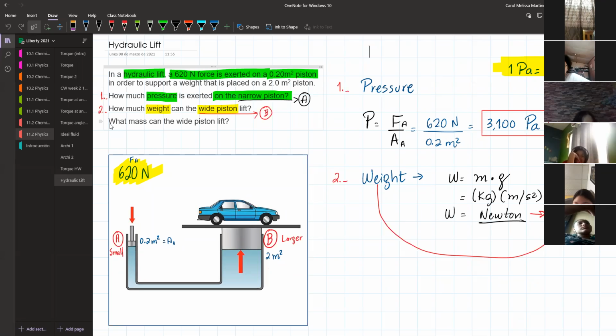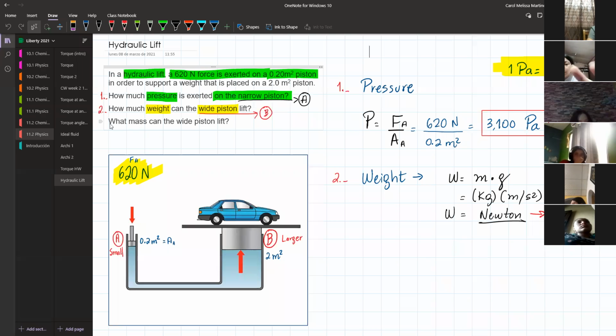So even though the problem is asking you to find the weight, in other words, it is asking you to find force. And remember, pressure relates force and area. So what we should do is apply Pascal's principle. Pascal's principle says that the pressure is going to be transmitted equally in every part inside the container.